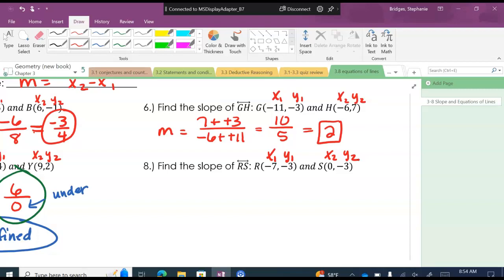Label my points. Plug them into my formula for slope.